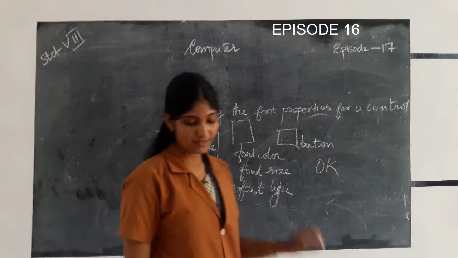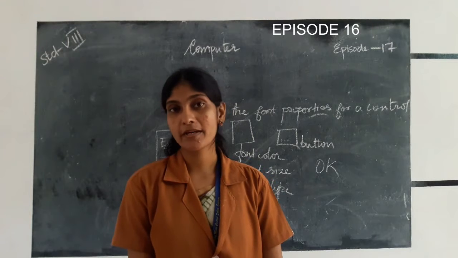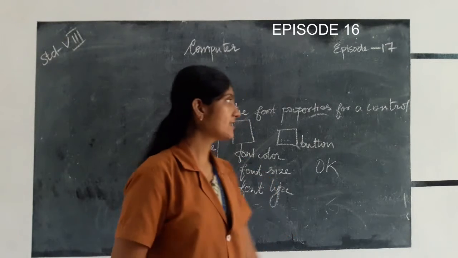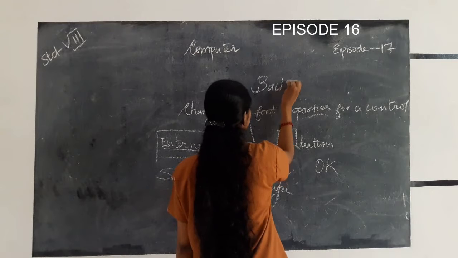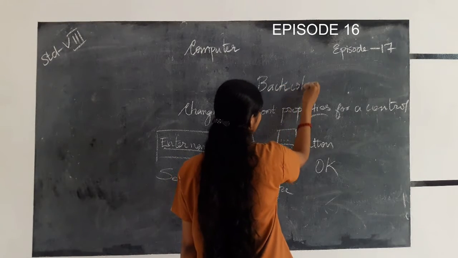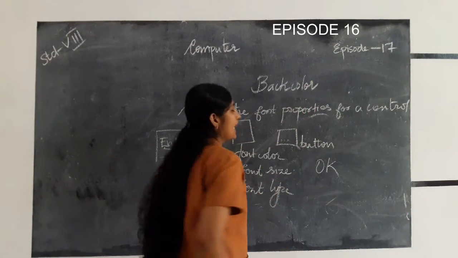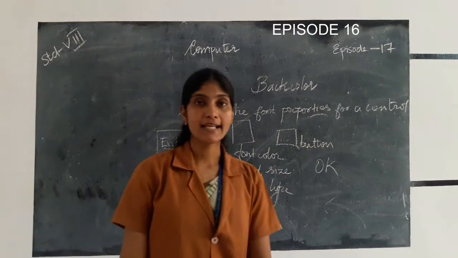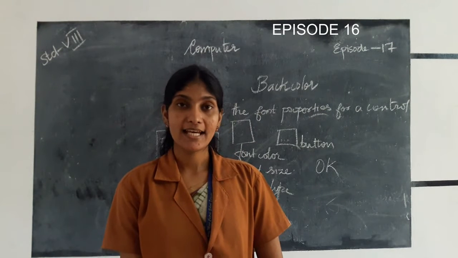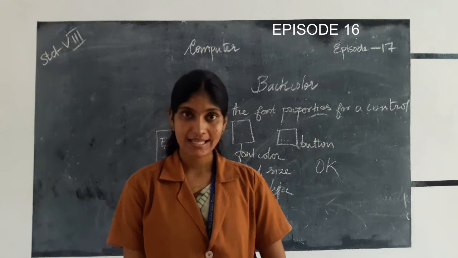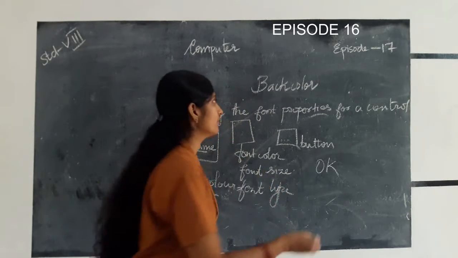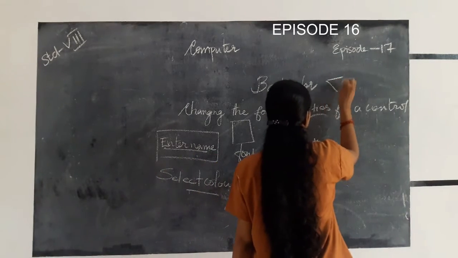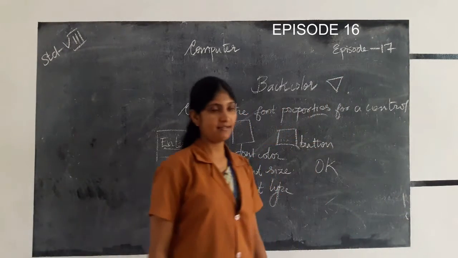So we know there are some properties. In the property list, there is a property named back color. In that property, click there and then there is a control, and it contains a down arrow head button.